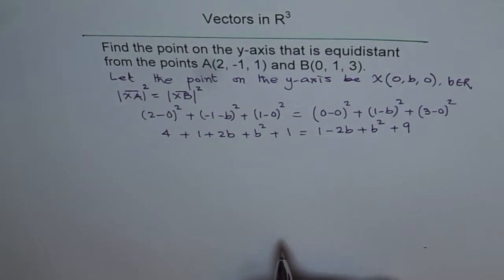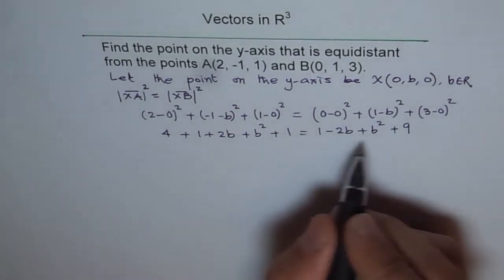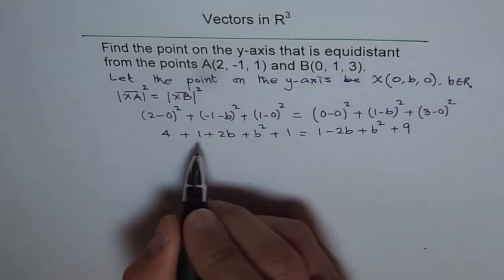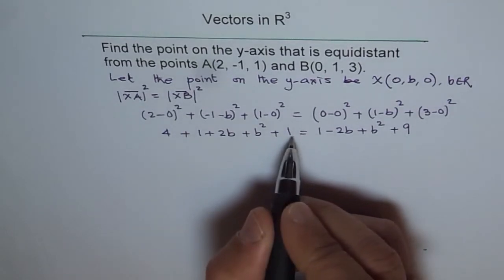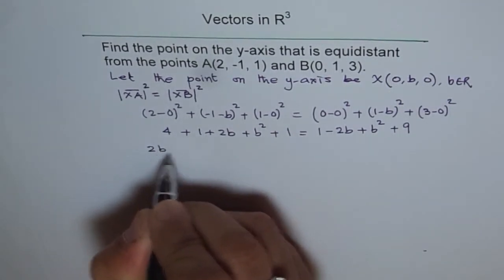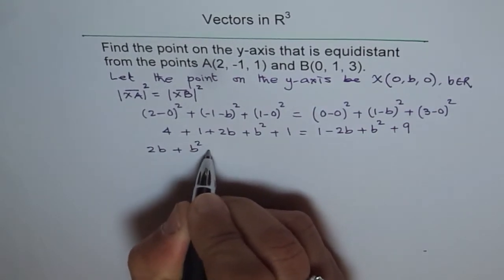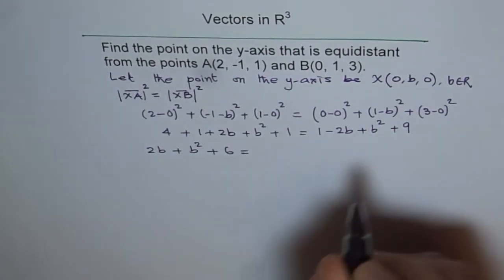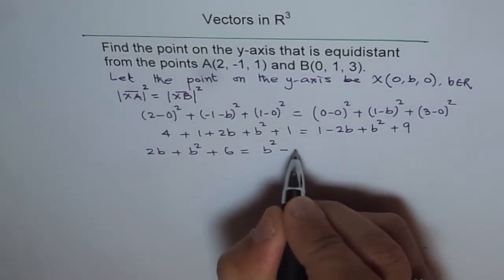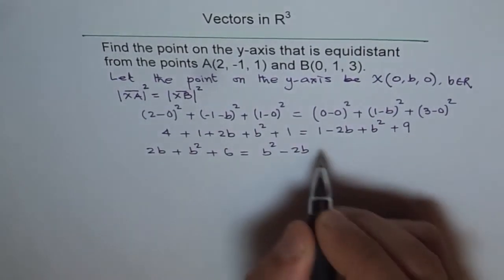So now we can combine the like terms, and then we have an equation in quadratic form. So we have 4 plus 1 is 5, plus 1 is 6. So we'll write here 2b plus b square plus 6 is equal to b square minus 2b and 1 plus 9, 10.